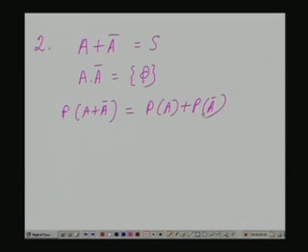But A union A bar is nothing but total set S, and P of S going by axiom number 2 is 1, isn't it, which means P of A bar is 1 minus P(A). So, when an event takes place with some probability P, then the probability for the event not to take place is 1 minus P.